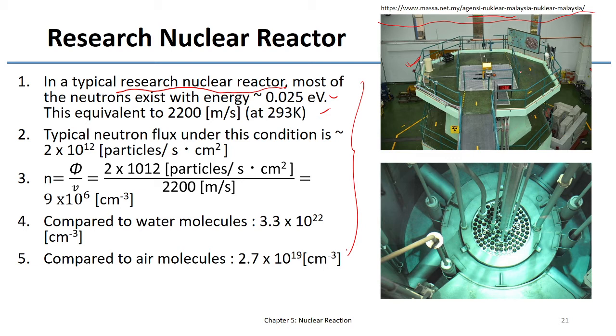Okay, if you try to visualize what is inside, this is what it looks like in the inside of the reactor. This particular point that you see is the uranium fuel.